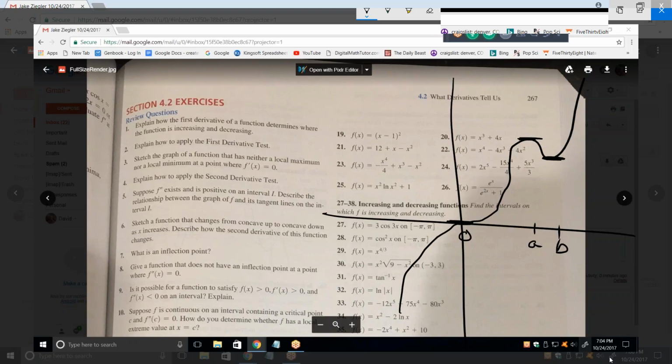So in order to determine which of these points are maximums and minimums, I apply the first derivative test. Well, how do you apply it? How do I know that this is not a relative minimum or maximum? Because it's positive going into this. The slope's positive going into it, and the slope's positive going out of it. Exactly.